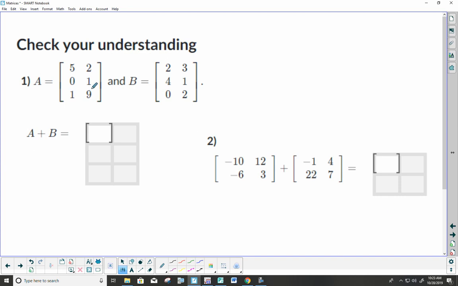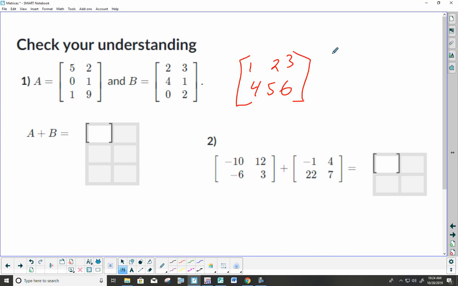To add A and B together, again, you just add the elements. Now to say it, this is a 3 by 2, and you're adding it to a 3 by 2. They have to be the same dimensions. If they're not the same dimensions, it doesn't work. So let me clear this out, give you an example. Say it was 1, 2, 3, 4, 5, 6. Say this was your matrix.